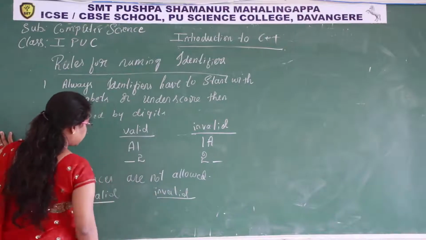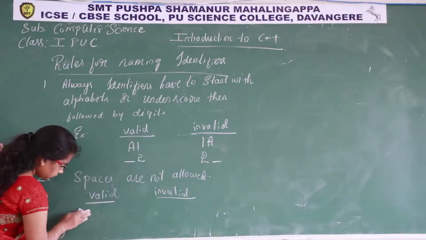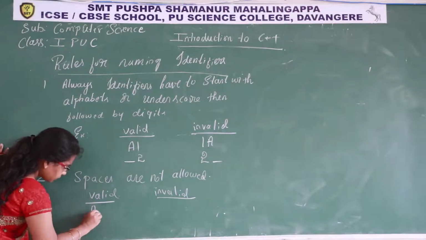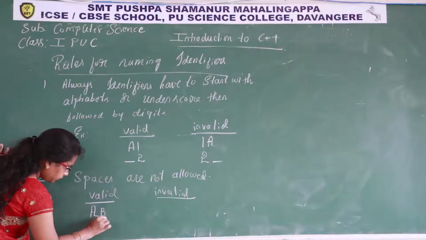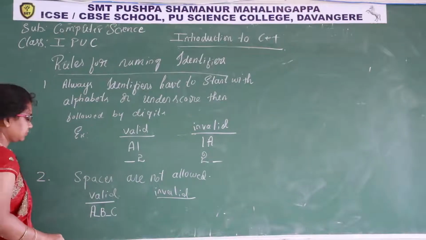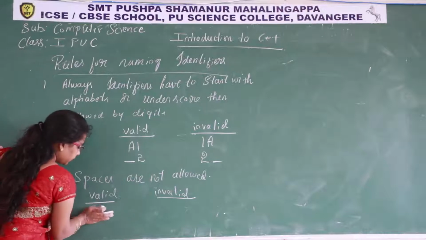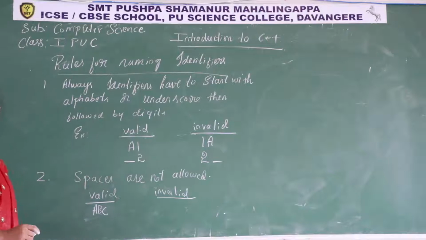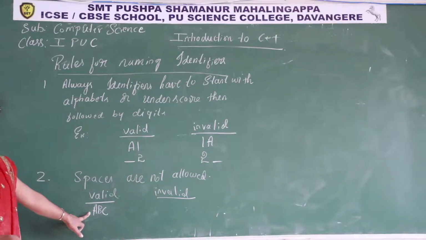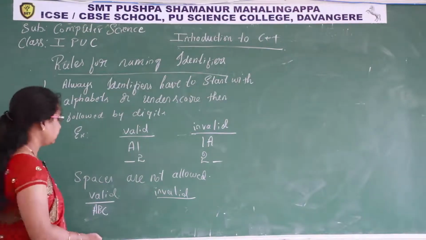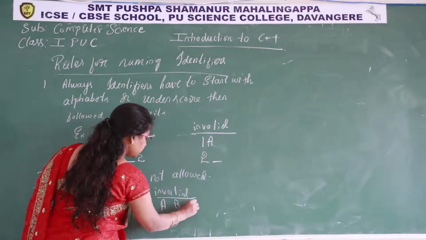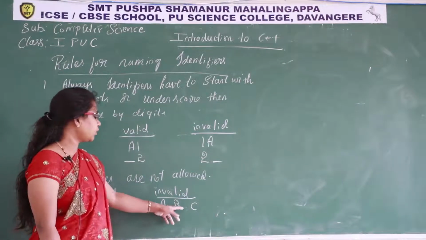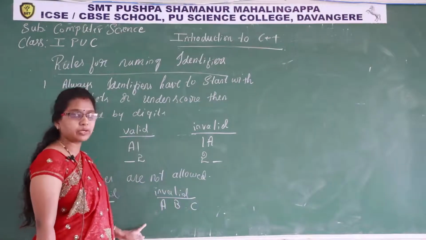Example for valid: ABC. The variable name itself is ABC. I did not give space here. So don't get confused, they are not three different variables, it is a single variable.